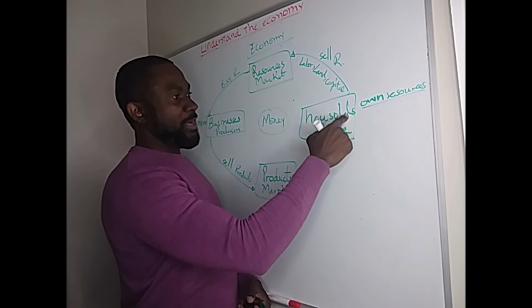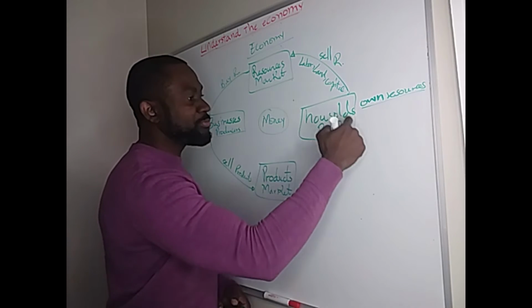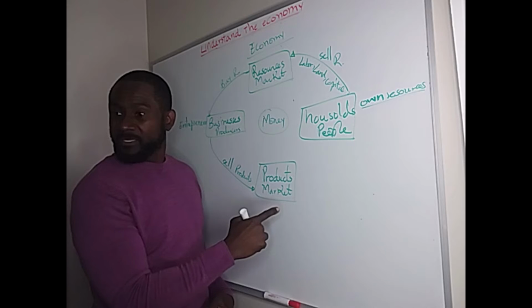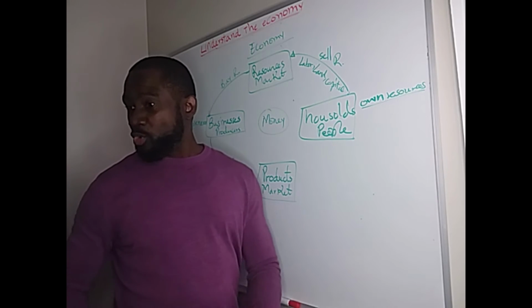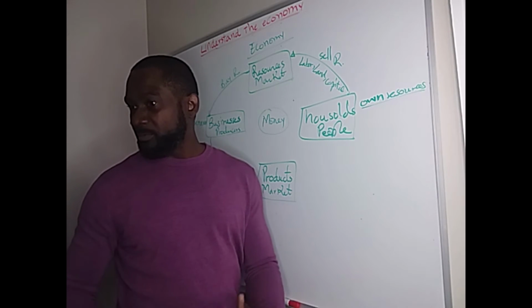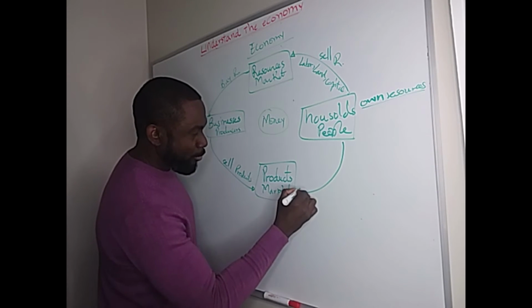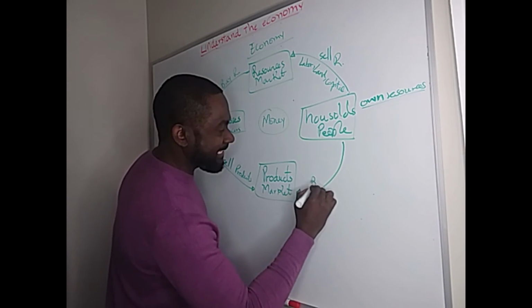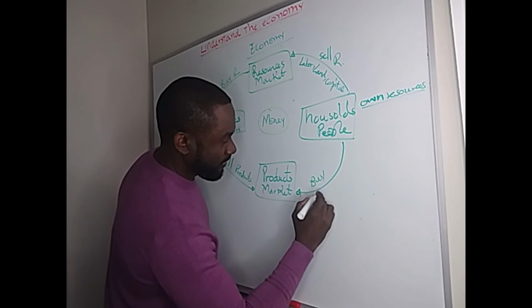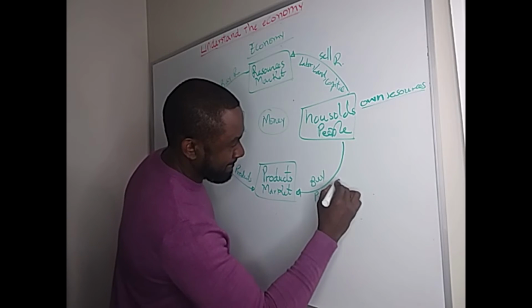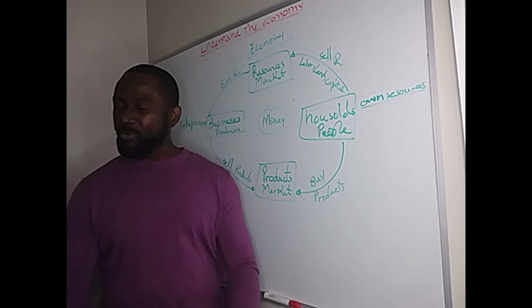Once the people have the money, they consume some of it, but they need products. If you are going to school, you need a computer. The computer is the product. So you go to the product market and you buy the product. Do you see what's going on?